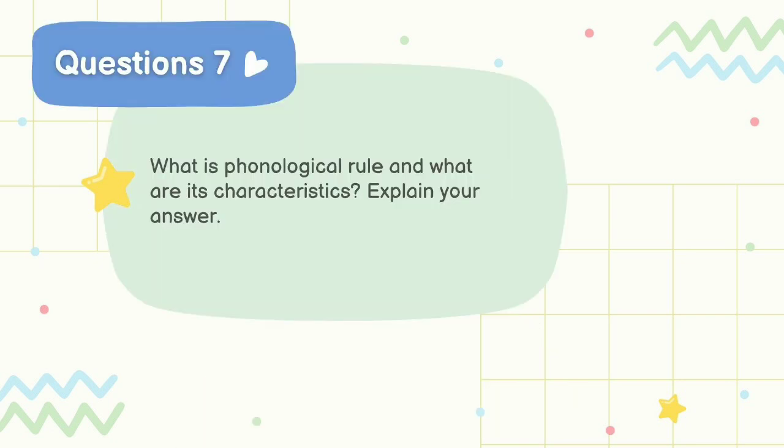Number seven, what is phonological rule and what are its characteristics? A phonological rule is a guideline that governs how sounds are organized and articulated in a language. Its characteristics include: phonological rules are intuitive. Speakers know what sounds are acceptable or not without formal learning.